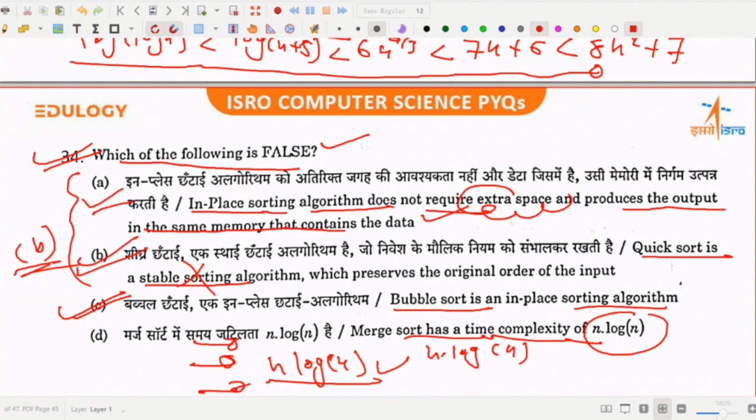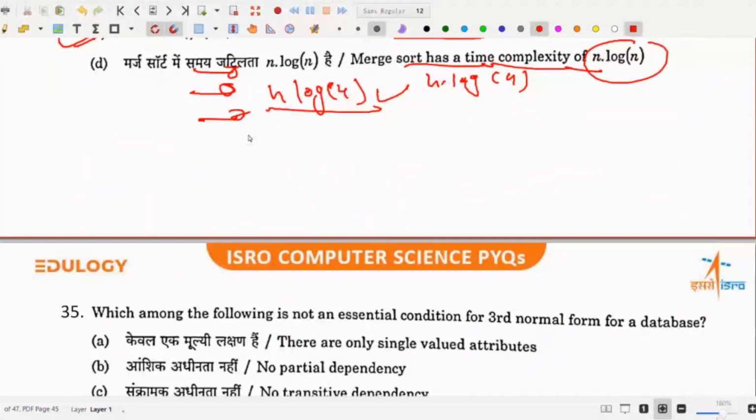Sorry, I need to explain in English only. What actually happens in place? The order of the elements will be preserved. Like, there is a list of elements 2, 3, 3, 4.